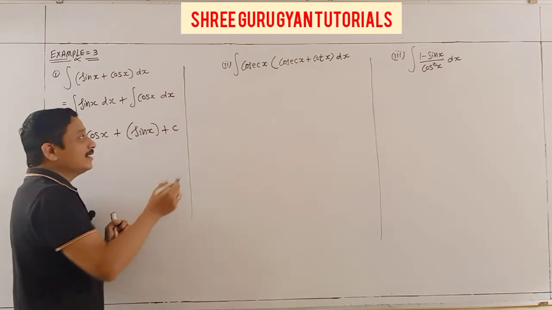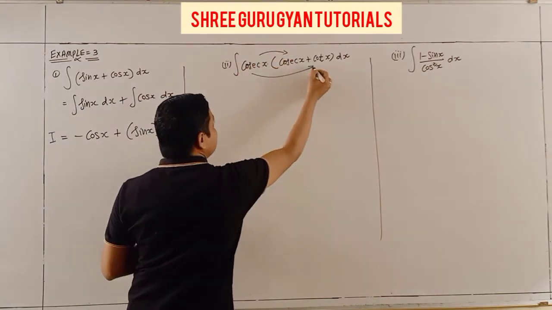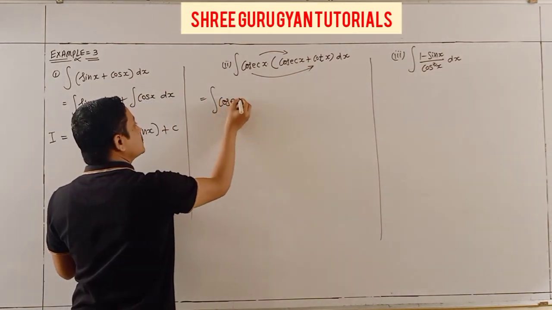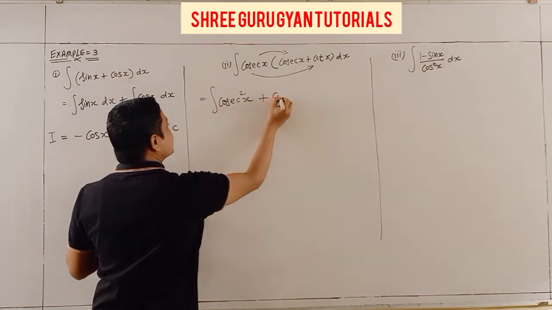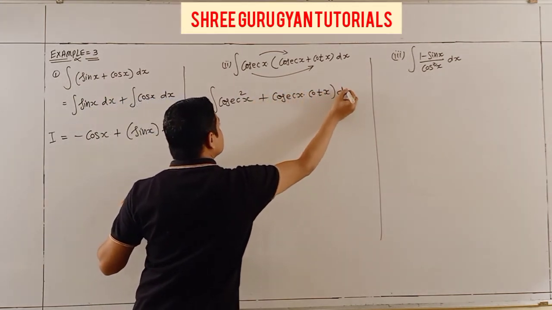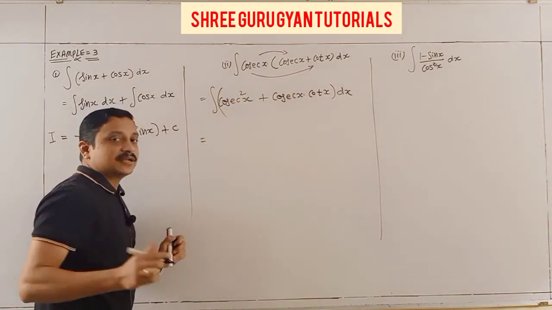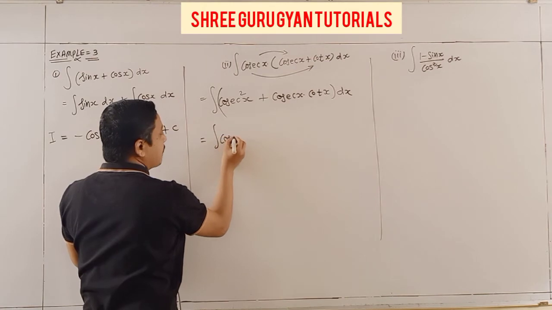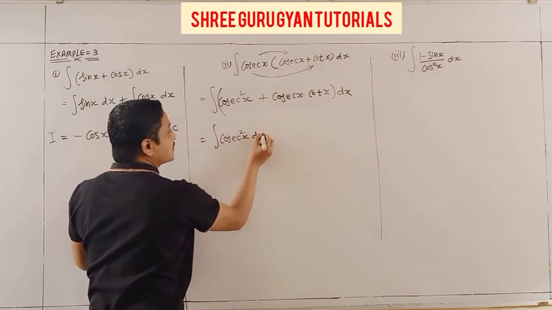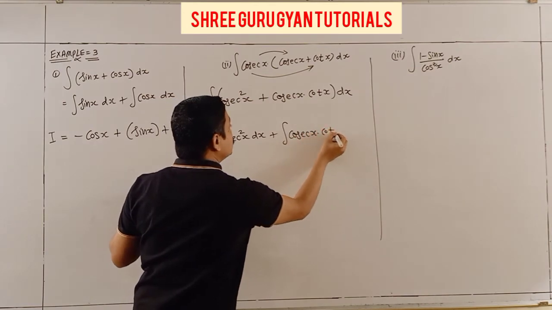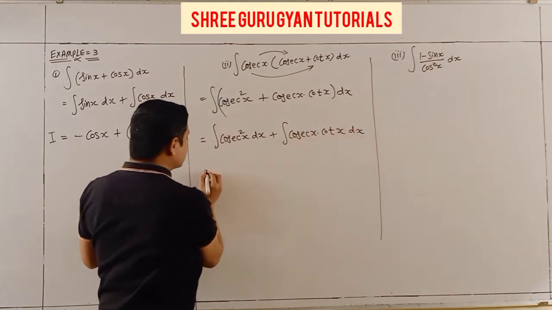Now second, I just multiply here internally one by one. So that will be cos x into cosec square x, and second cos x into cot x as it is. Now you can try both separately. One is cosec square x dx and another is cosec x into cot x dx.